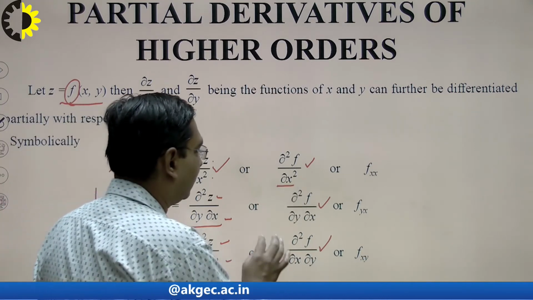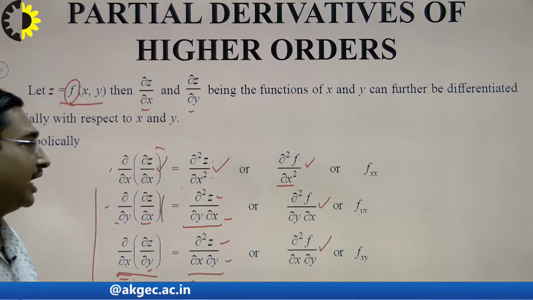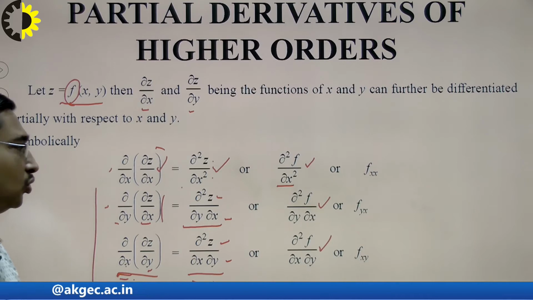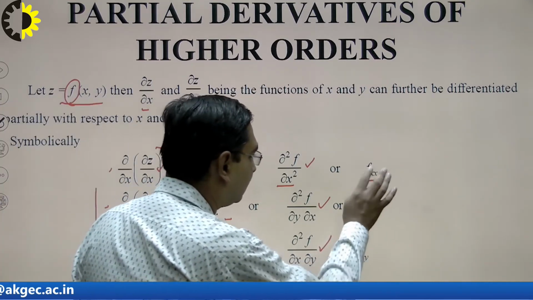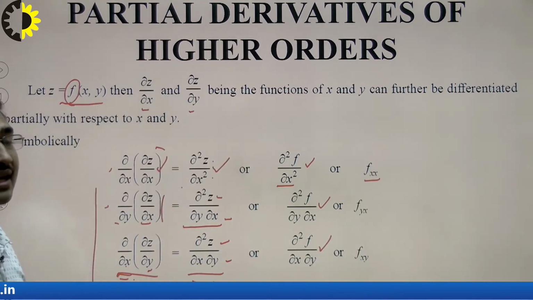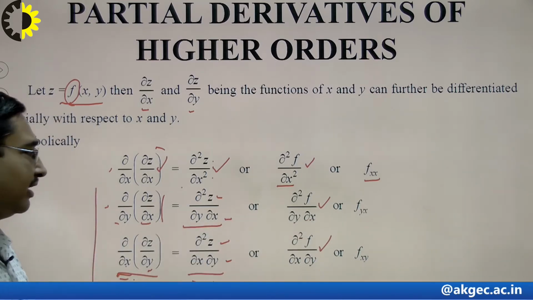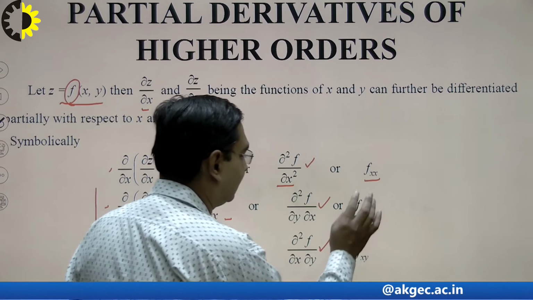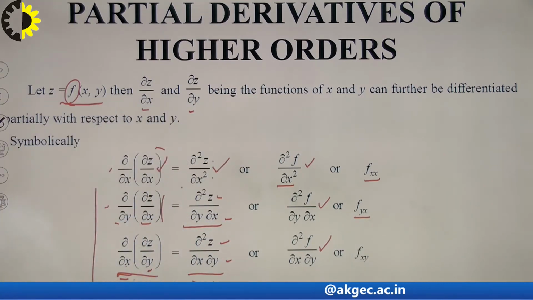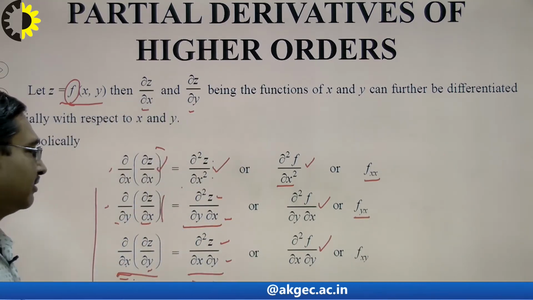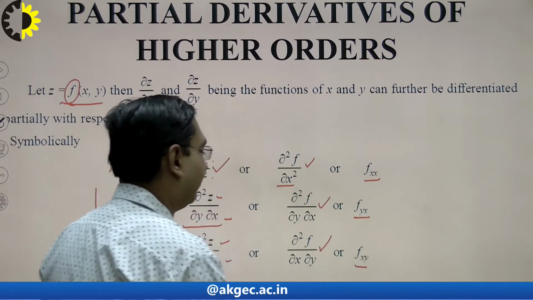This del x square, because we are differentiating f with respect to x 2 times, is written as f x x. Similarly, del 2f upon del y del x is written as f y x, and del 2f upon del x del y is written as f x y.